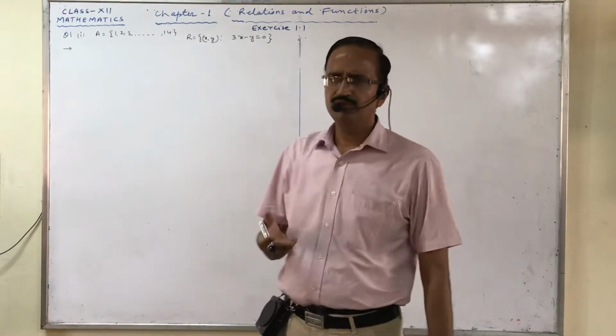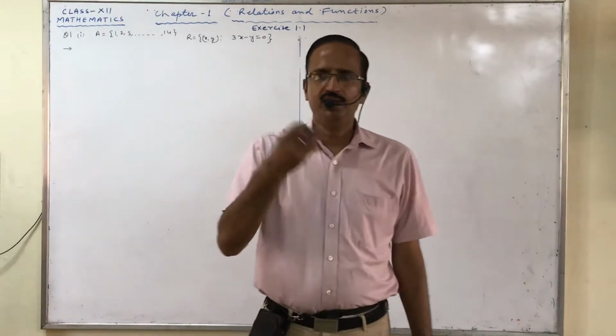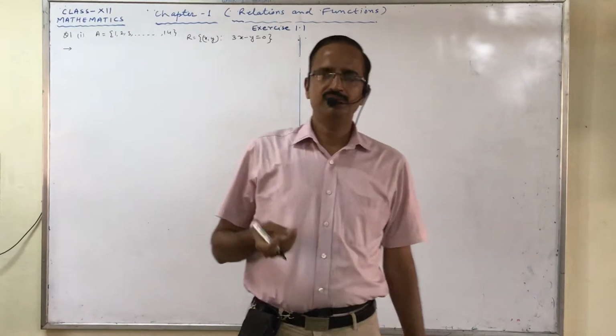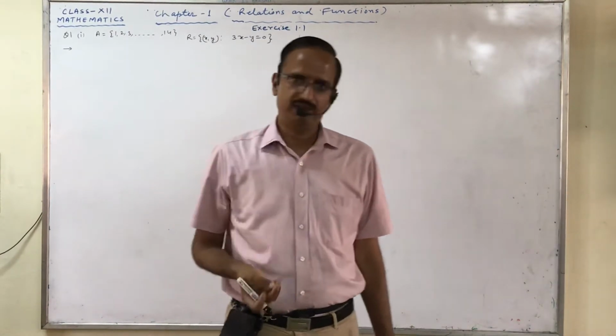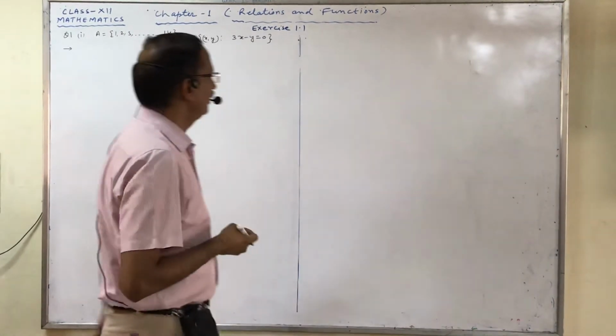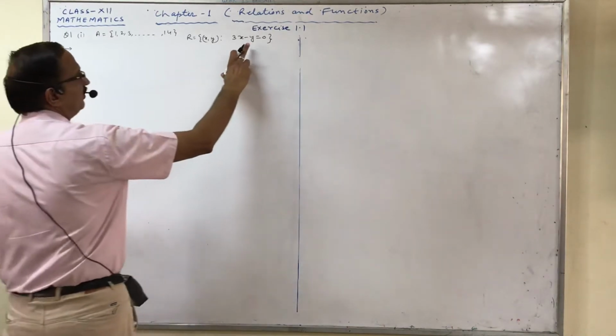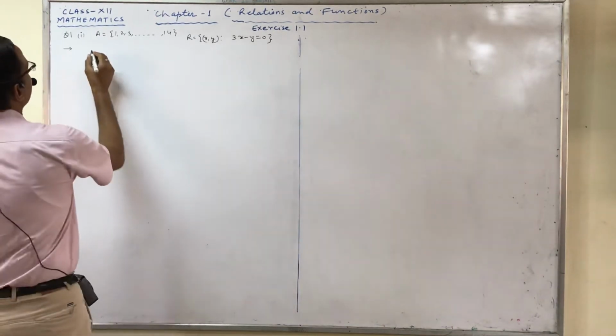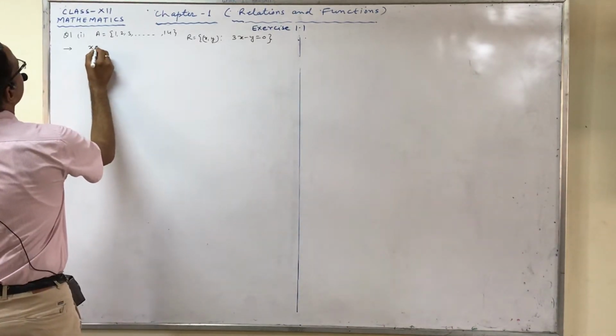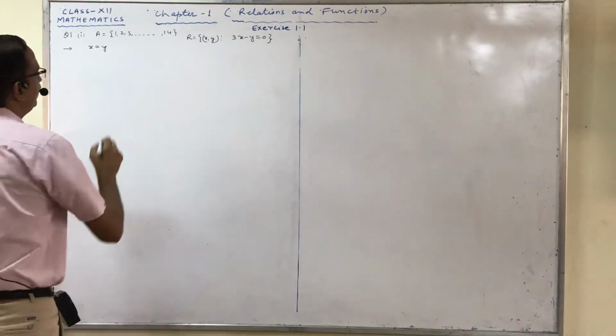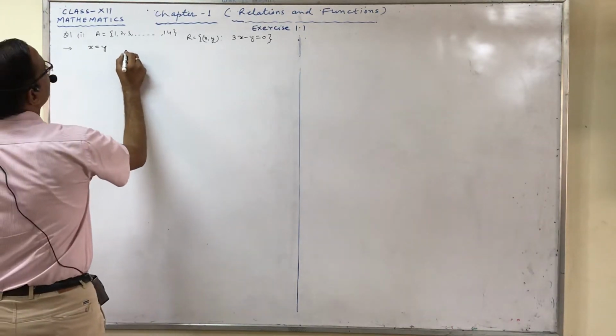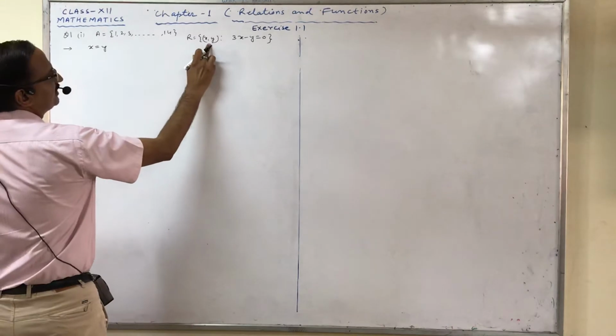For that, we know that when (a, a) belongs to R, meaning a is related to a, then the relation is reflexive. So we will replace this y by x. We will take x equals y, or we can say we consider (x, x).